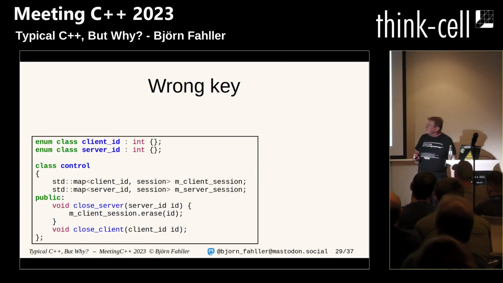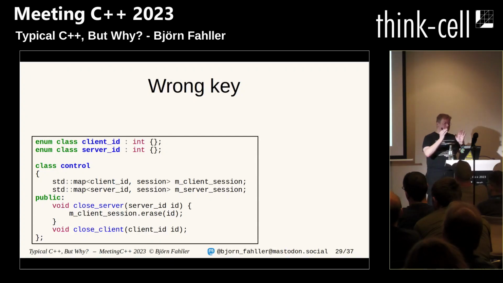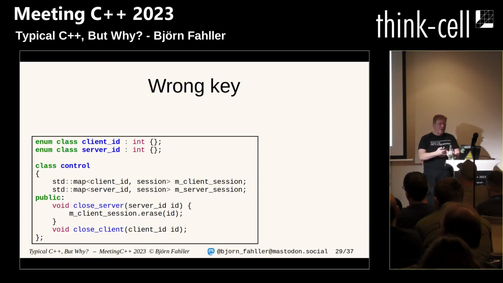So again, let's revisit enum class, but in a different way. Now I say enum class client ID : int, which means that this client ID is, for all practical purposes, an int, implemented in terms of an int. Its underlying type is int. But note that there are no enumerators.